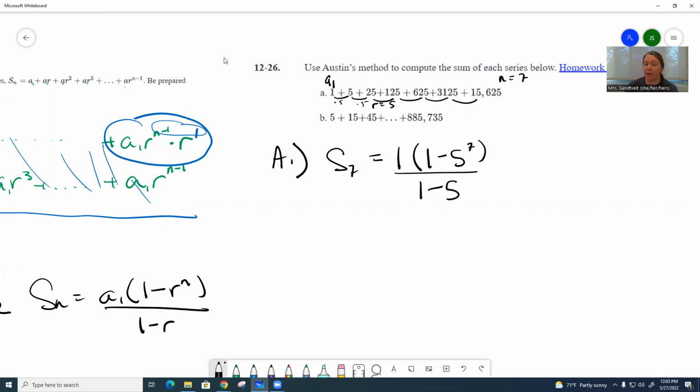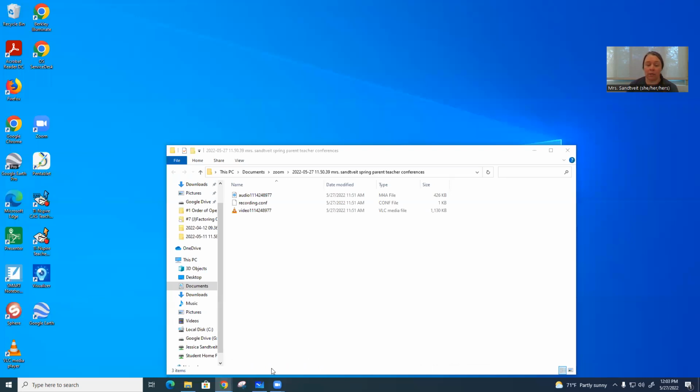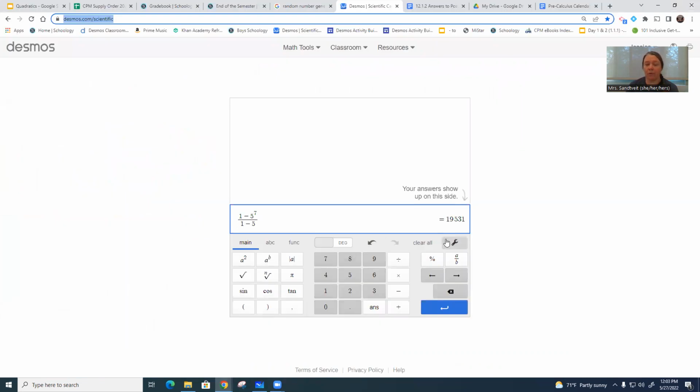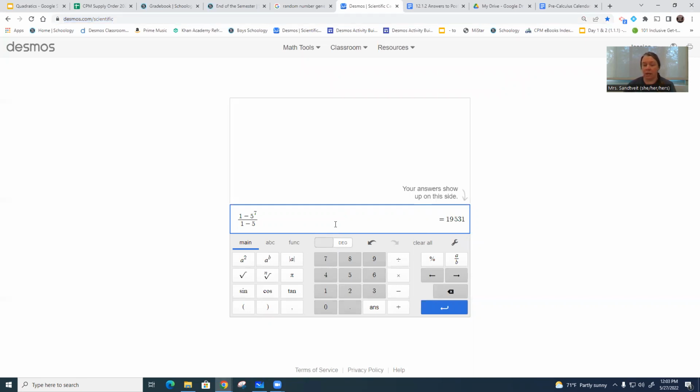And then you could just put this into your calculator all in one step. And to be honest, I really do put it into my calculator all in one step. I don't mess around with first figuring out what 5 to the 7th is, and then doing 1 minus 5 to the 7th, and then having to divide. If you just put it all in one step, then you're less likely to make a mistake.